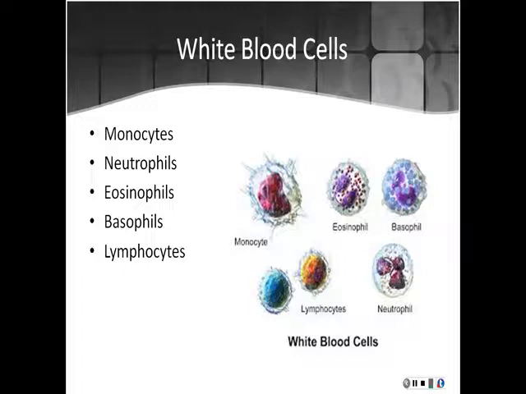The basophils release histamine as part of the inflammatory response. And then there are two types of lymphocytes, the T cells and the B cells. The T cells, if you remember, can be helper cells or suppressor cells or killer cells, and then they can also be memory cells as well. The B cells become plasma cells, which produce antibodies to foreign antigens, and then they can also become memory cells as well.